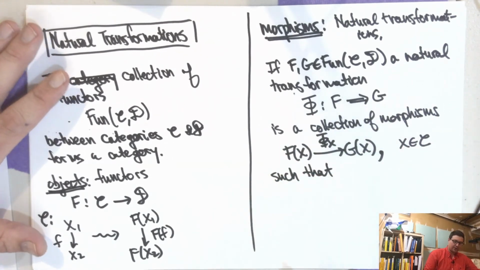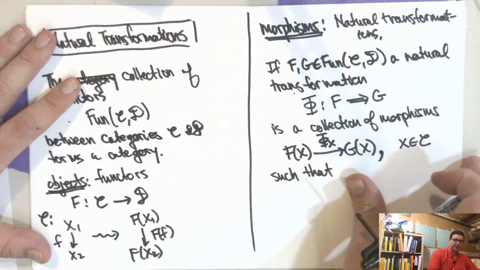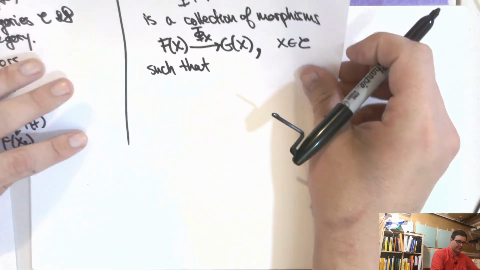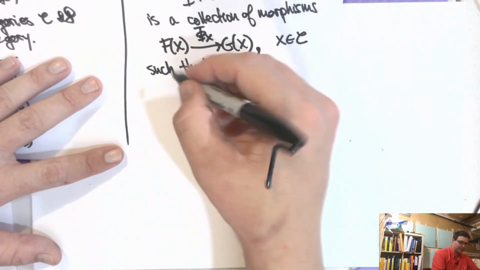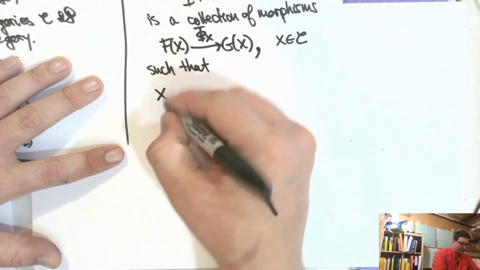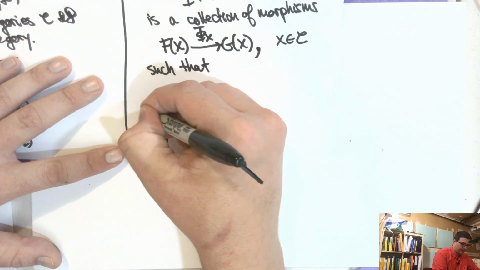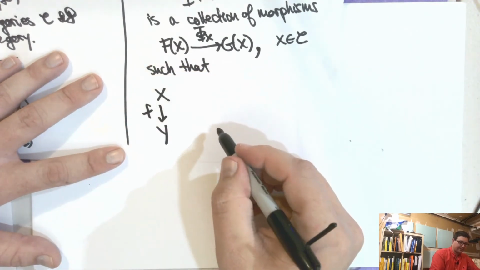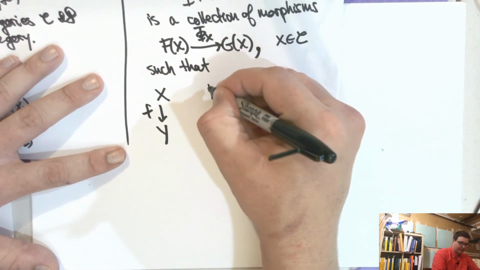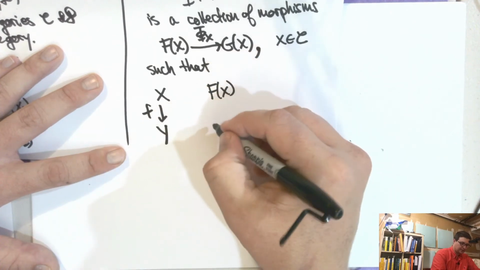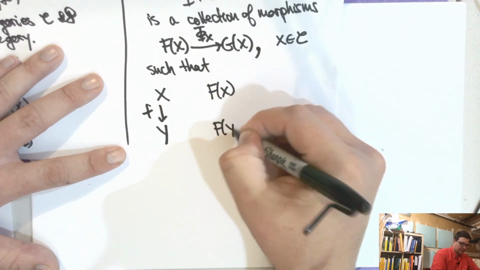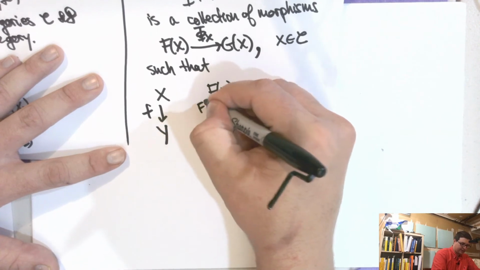whenever you have a map, the following very important diagram holds. If I have a map here in C, a morphism in C, I can apply one functor and I get this thing.